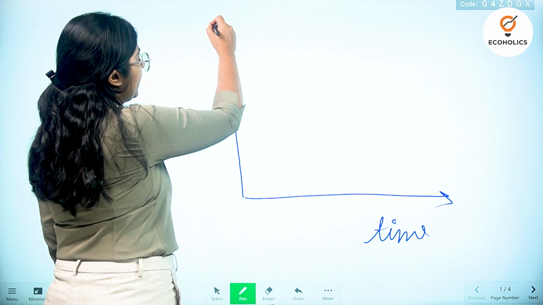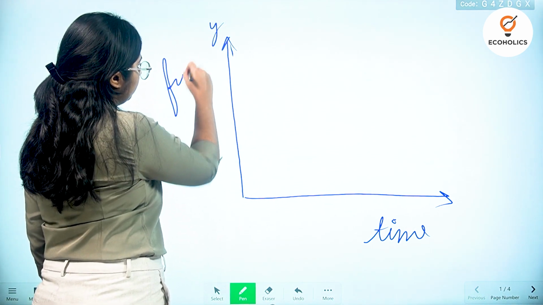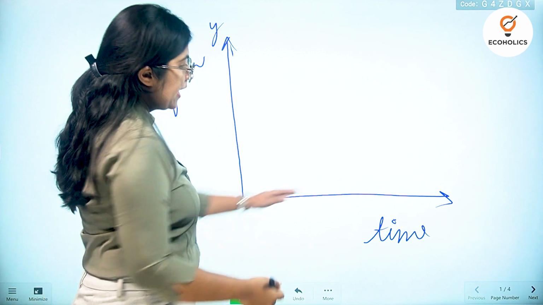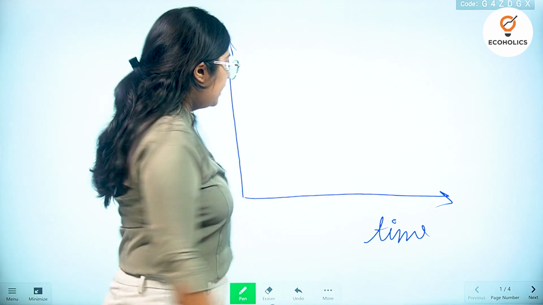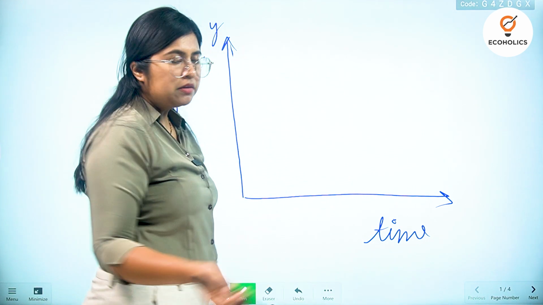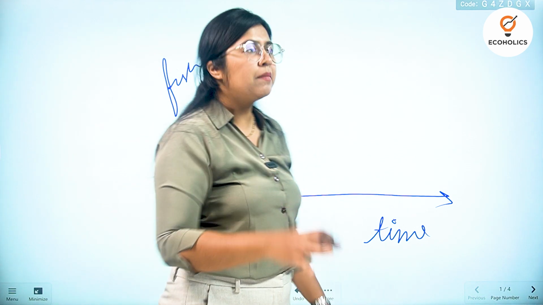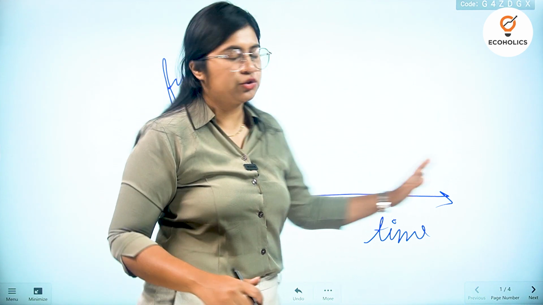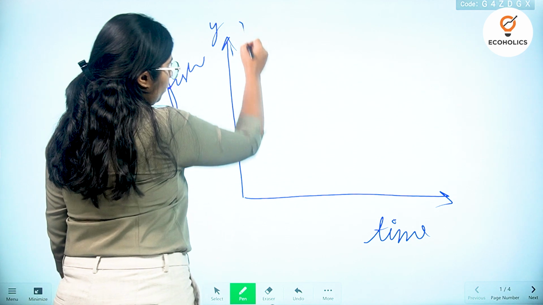So on the y-axis, let's say we take fish, and on the x-axis we have taken time. Now, this is a very basic diagram. It's not a very graphical diagram, and it's only used for explanation.